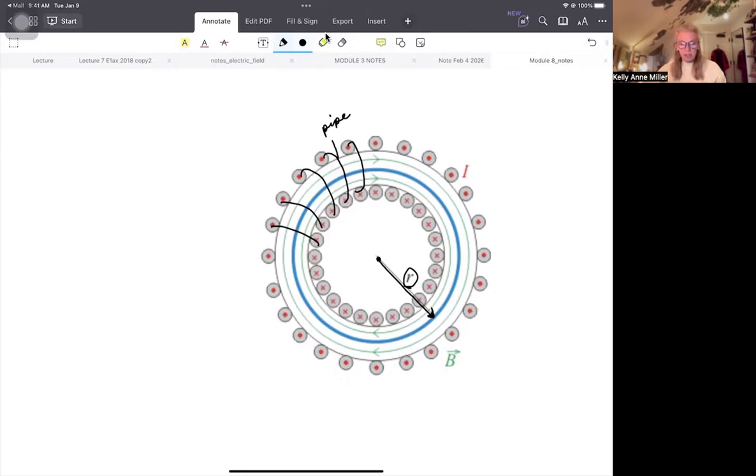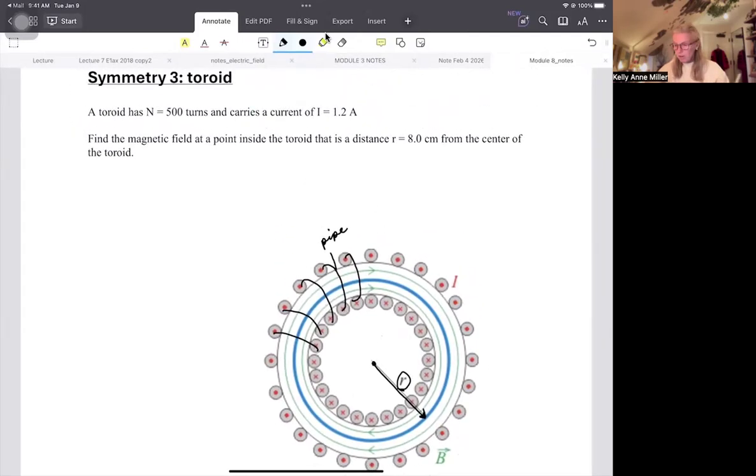So let's derive this one. We're going to start with the same place. So the line integral B dot dl equals I enclosed mu naught. Okay, so I enclosed.